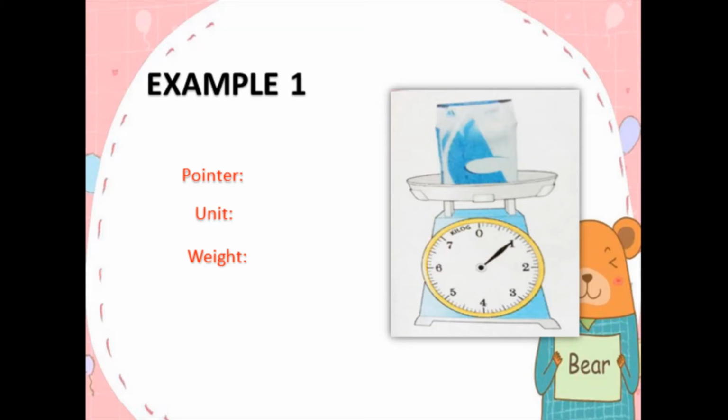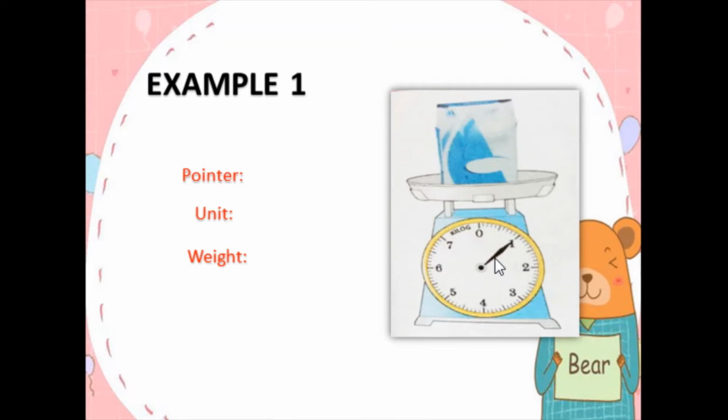When we measure objects using a spring scale, we have to put the objects into the pan before we can get the measurement. We need to take note of the pointer, the unit to use, and the weight, of course. The pointer is the arrow over here. You look at where it is pointing.